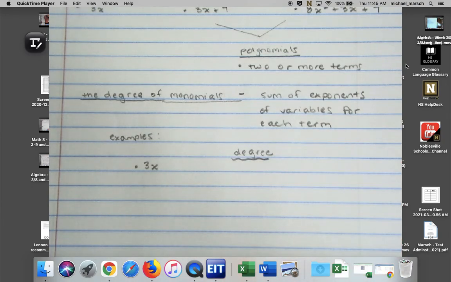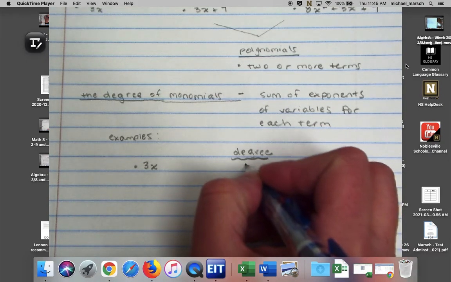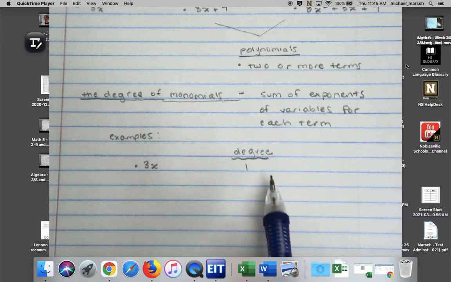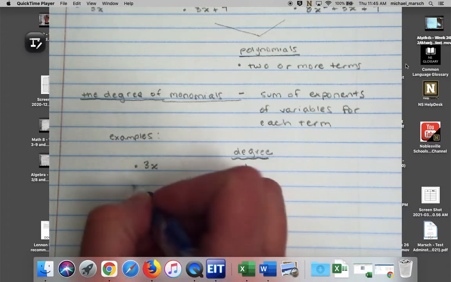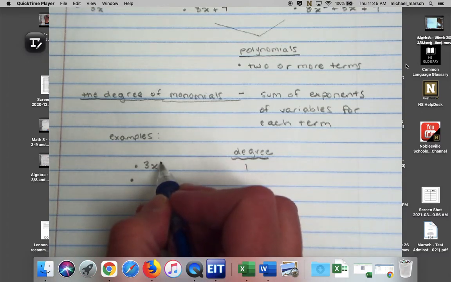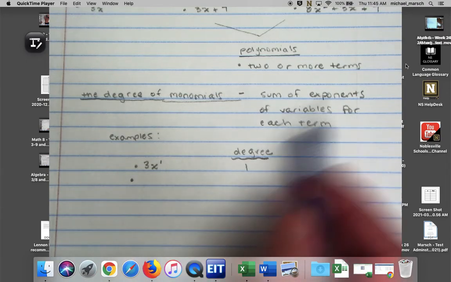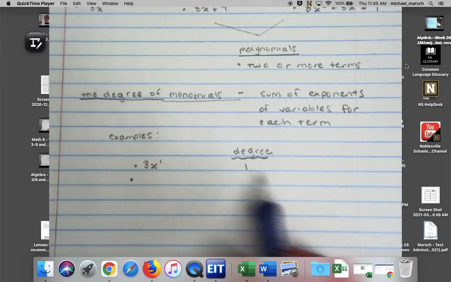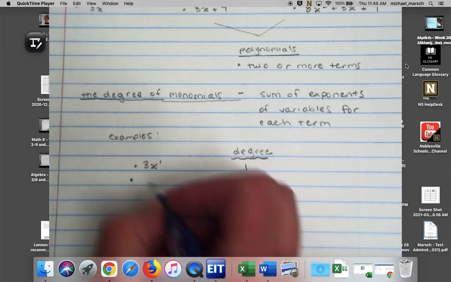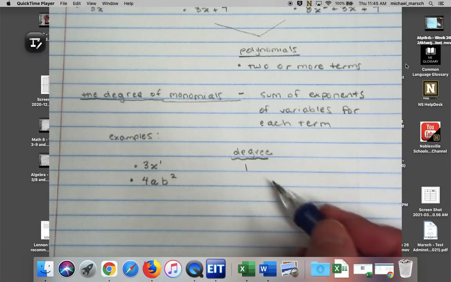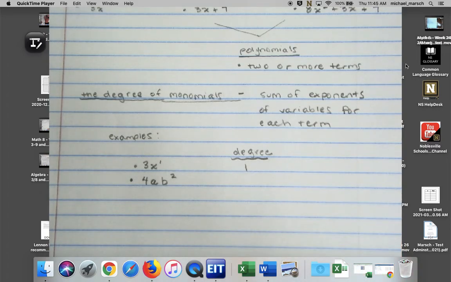If I have 3x here, what's my exponent with that 3x? 1. So the degree is 1, right? Because there's one exponent hiding right here. If I'm adding up all the exponents, I'm just going to have a 1. If I have something like this, what would my degree be for 4ab squared? 3, right?